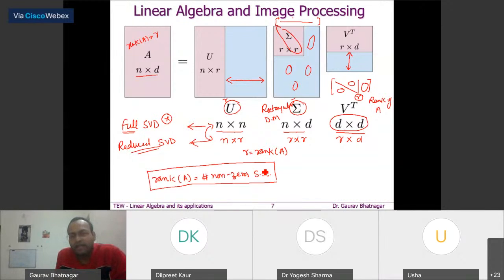Because it is very easy to say you have to find three different matrices, U, sigma, and V, such that U and V are orthogonal and sigma is a diagonal matrix. But actually, how do we identify these particular matrices? So let us try to understand the algorithm, the process by which we can obtain the singular value decomposition.